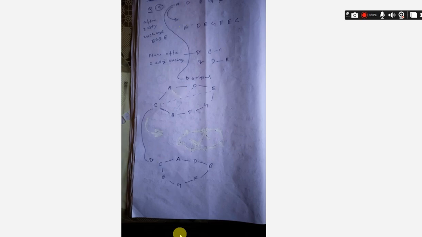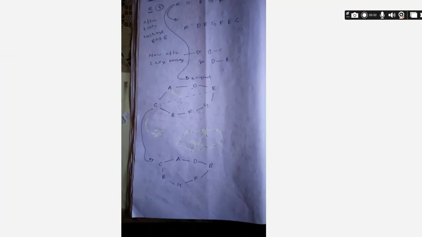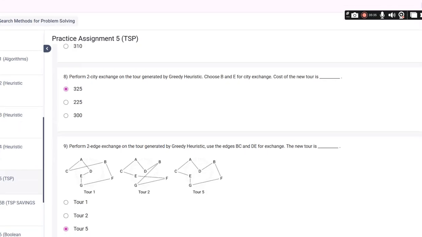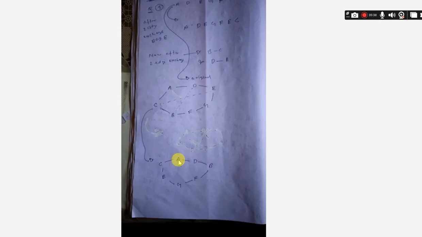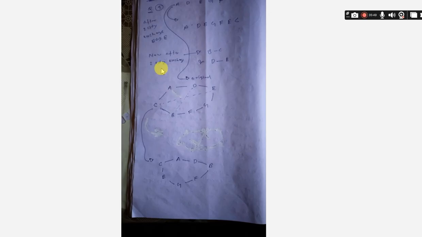If there is a tour like ADEZFAC, and if we exchange B and E, then E becomes B, and B becomes E. So it will become ADBZFEC.